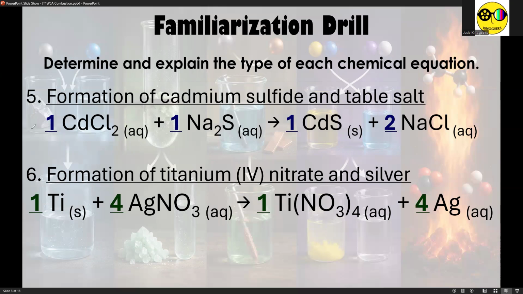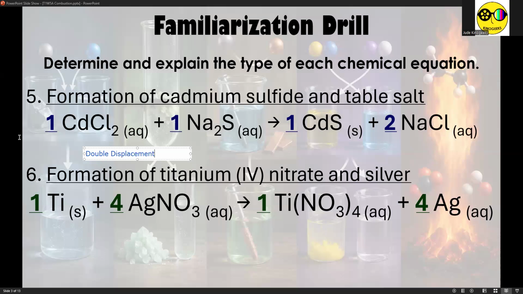So number five is a manifestation of a double displacement reaction because not all reagents have partners and you have the metals Cd and Na swapping their partners at the product side. So cadmium's original partner is chlorine, but on the product side it became sulfur. And for sodium, its original partner is sulfur, and now it's partnered with chlorine at the product side.